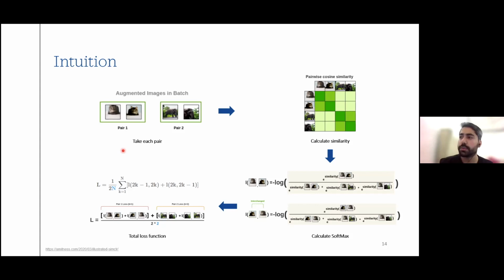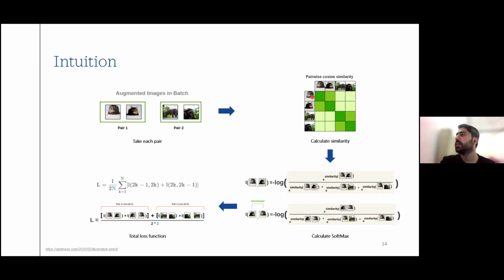If we have a batch size of, let's say, 256, and 2 augmentations of each image, we get a batch size of 512, which is double the batch size. Then they are taken one by one, and a pairwise cosine similarity is calculated.